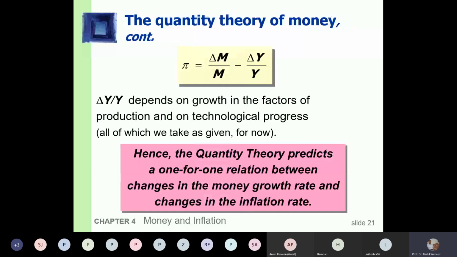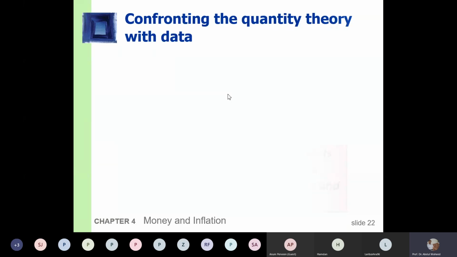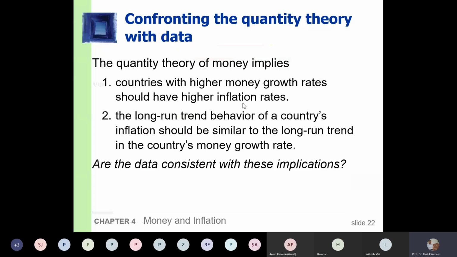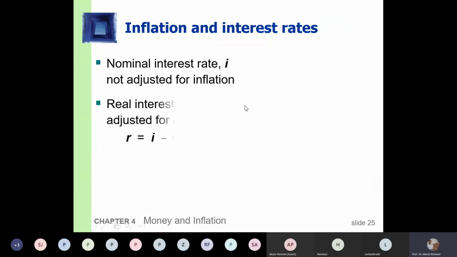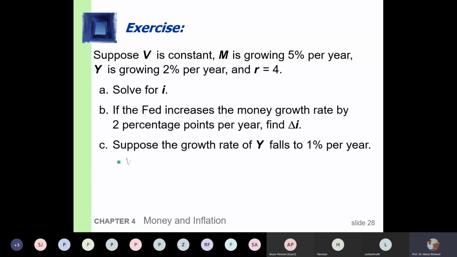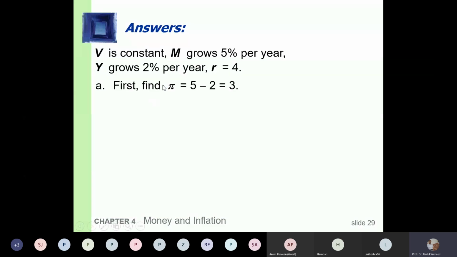Inflation equals money supply growth rate minus growth rate of real output. Money supply growth rate is 5%, real output growth rate is 2%, so 5 minus 2 is 3%. So inflation rate is 3%.